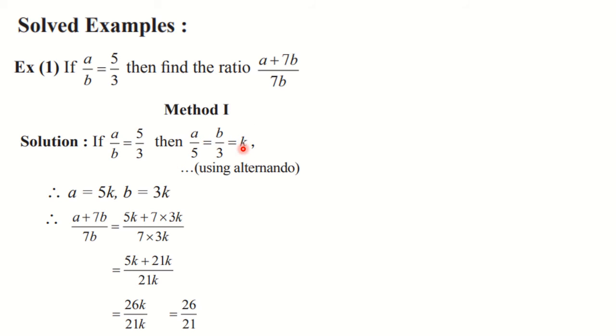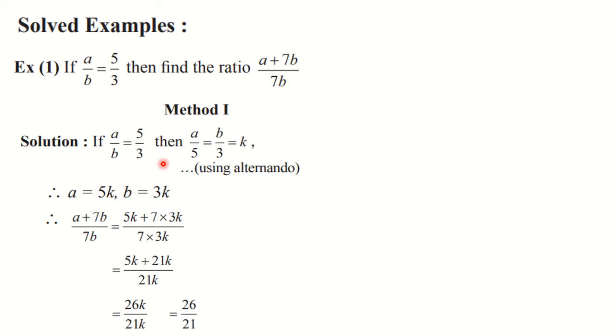Why have we taken this as 3k? Just recall, a upon b is equal to ak upon bk. I told you that for every ratio there is some common multiple, and that common multiple we are taking as k. So you cannot write a is equal to 5 and b is equal to 3; you have to write a is equal to 5k and b is equal to 3k.